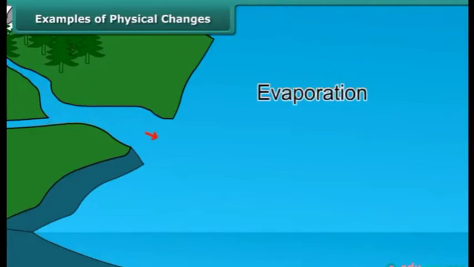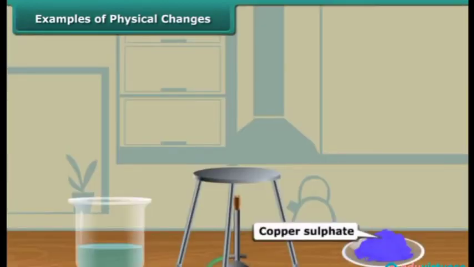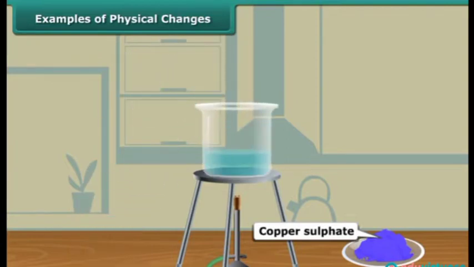Children, as you know, salt can be obtained by the process of evaporation, but the salt obtained by this process is not pure. So, through the process of crystallization, we obtain pure salt. To prepare pure crystals of copper sulfate, take about 100 ml of water and pour sulfuric acid in it.